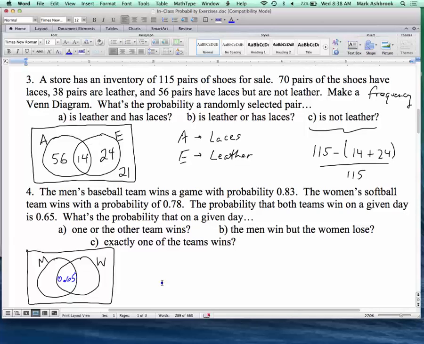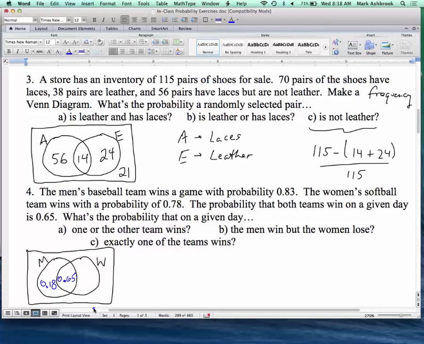And now it says the probability of the men's baseball team is 0.83. So what does that allow me to do now? Yeah, if I take away the 0.65, I get the 0.18. And so then this has to be 0.18 in order for that total to be 0.83. And so that's the probability that just the men win and the women don't win.